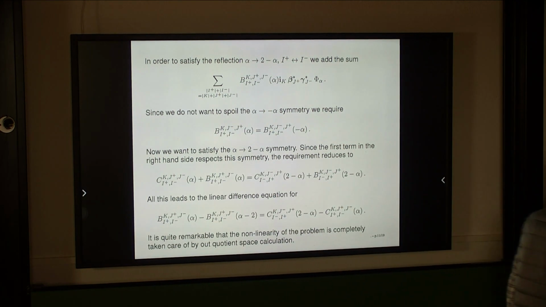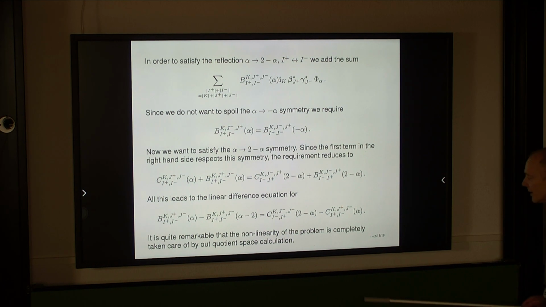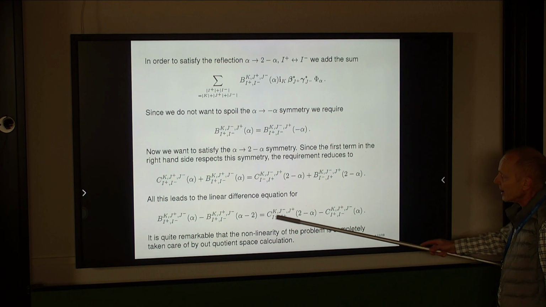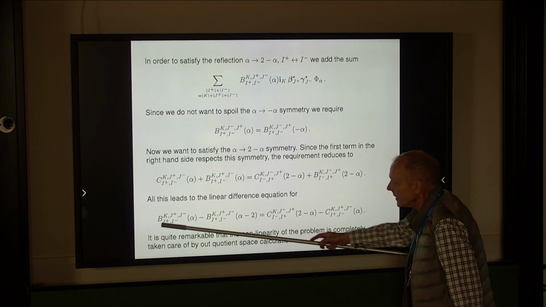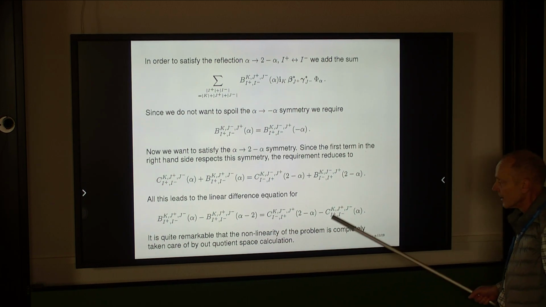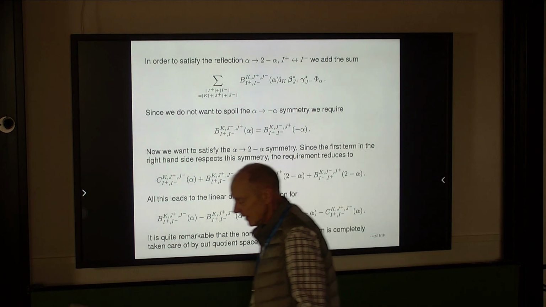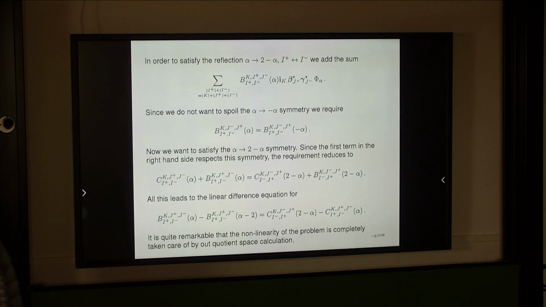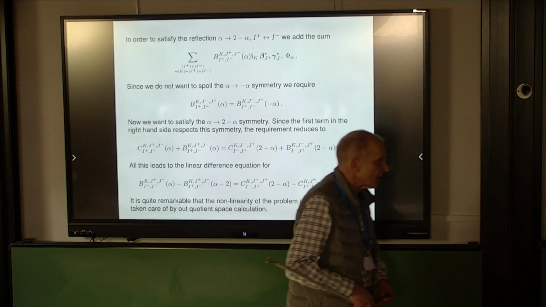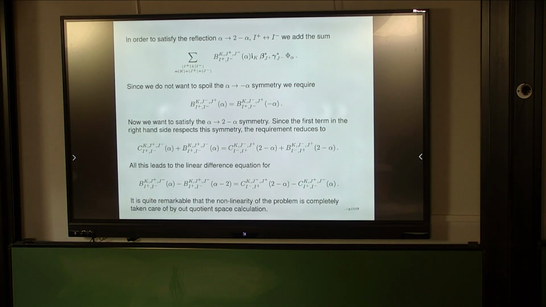It's quite remarkable that I have a linear equation. The only thing is that when I have a linear difference equation, I have to say something about boundary conditions, singularities and so on.